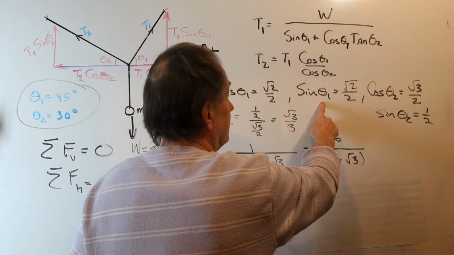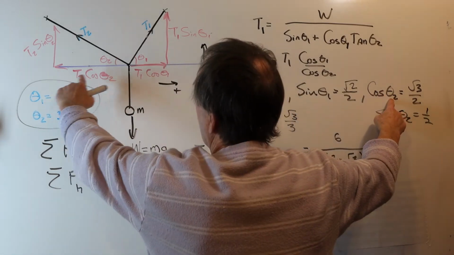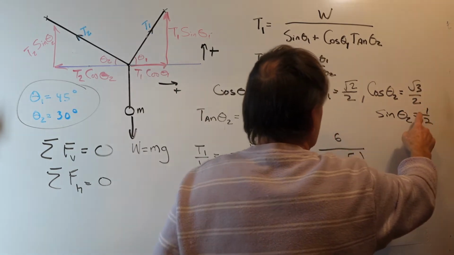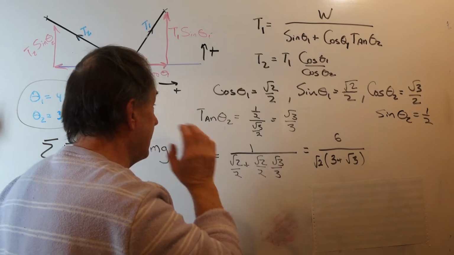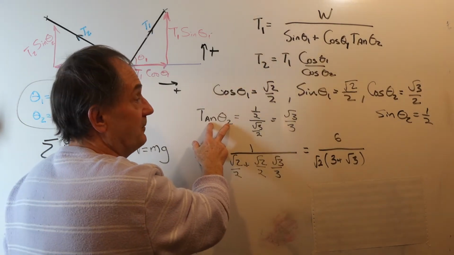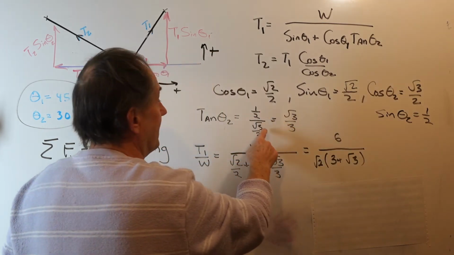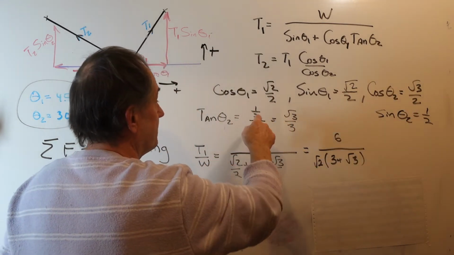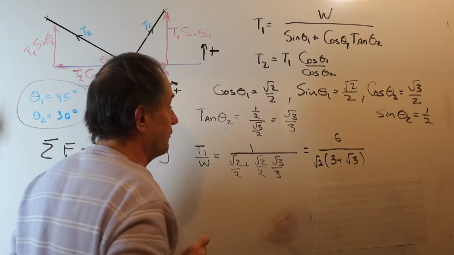The sine of 45 is also square root of 2 over 2. The cosine of 30 degrees is square root of 3 over 2. And the sine of 30 degrees is 1/2. So the tangent of theta 2 will be the sine of theta 2, which is 1/2, divided by the cosine of theta 2, which is square root of 3 over 2. So we have 1/2 divided by square root of 3 over 2, which is the square root of 3 over 3.